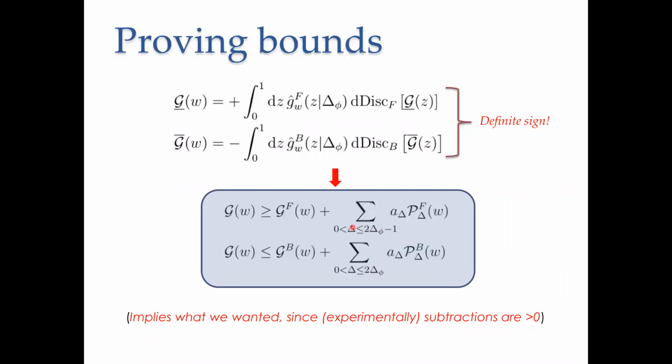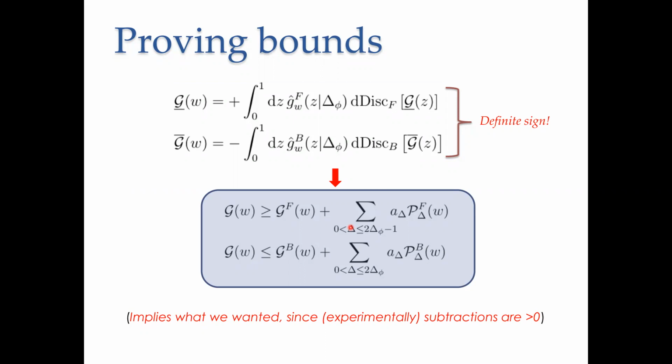Can I ask a question about this? Yes. I'm probably getting this wrong, but in the initial plot, it seemed the bound was getting very, very close to being saturated with the free fermion correlator, on the right. I think it was delta phi on the x-axis. So this means that these A delta have to be very small in those cases.